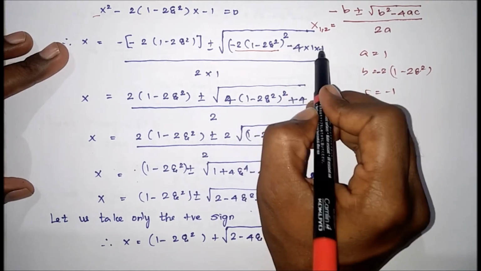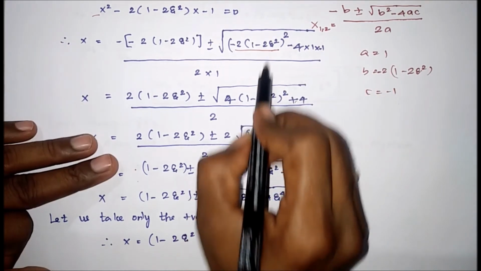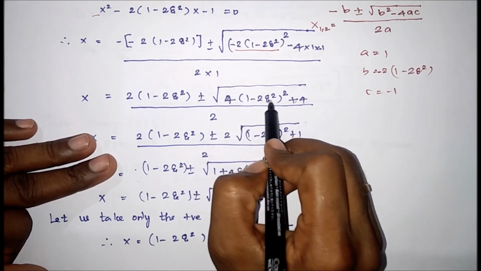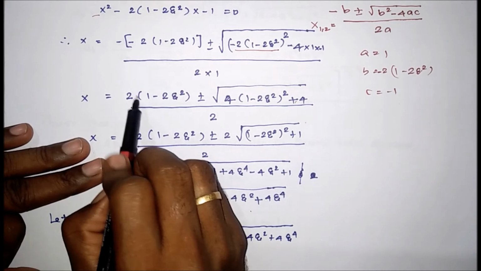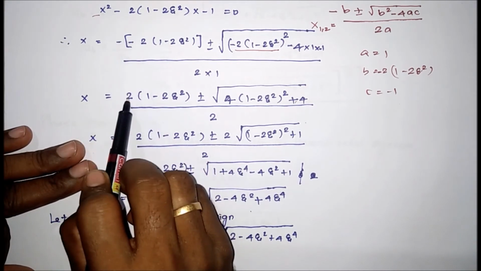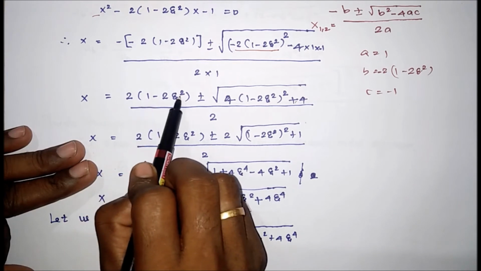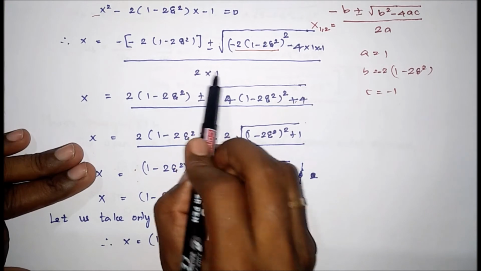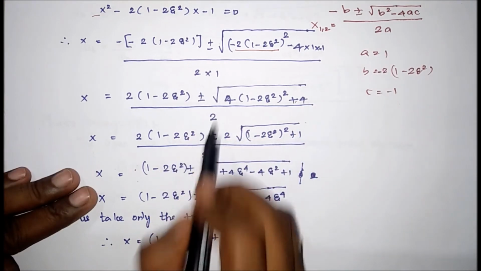This both minus will become plus here. Then if we square this, it will become plus 4 into 1 minus 2 eta square whole square. So now when we multiply this minus inside, it will become plus 2 into 1 minus 2 eta square plus or minus this term divided by 2, because 2a equal to 2.